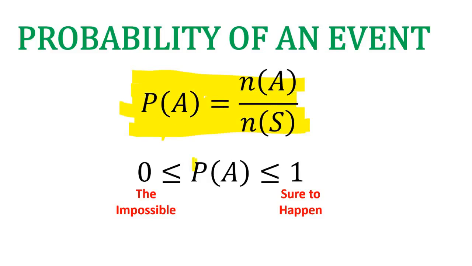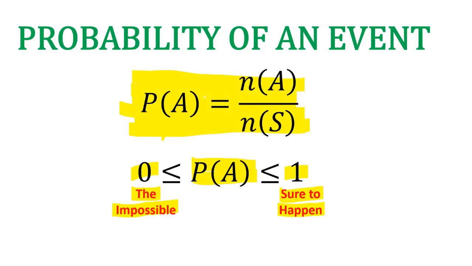And then always remember the probability of an event is always between 0 and 1. 0 means the event is impossible to happen, and 1 means the event will surely happen.